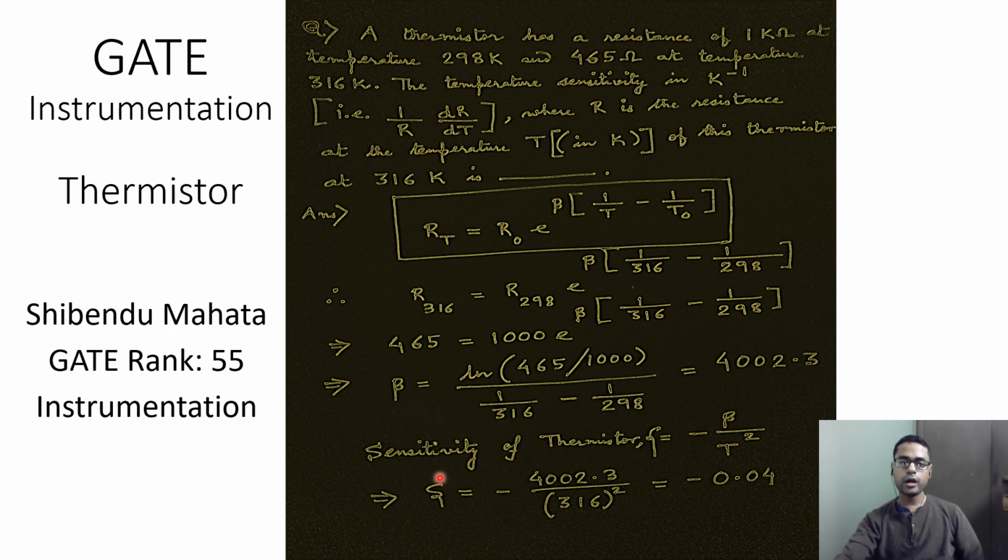Once we obtain the value of beta, we can refer back to the theory, and we know that the sensitivity of the thermistor is given by negative of beta by T square.